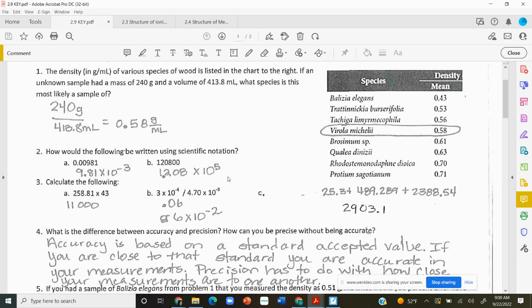We still need to put it in our calculator, but it doesn't count for significant figures. So I have a 1 sig fig and a 3 sig fig, so I should have 1 sig fig in my answer. When I calculate this out, I'm going to round that to 1 significant figure. This 0 is not significant, so I'm still okay with the number of sig figs, or I could write it in scientific notation. Either one is acceptable in this case.